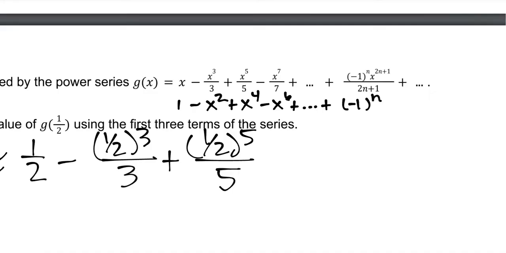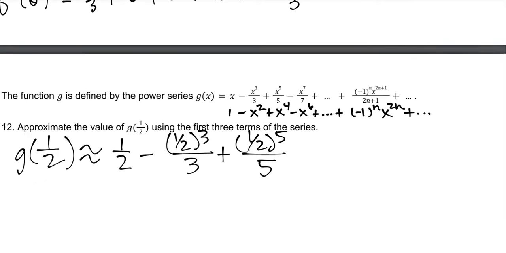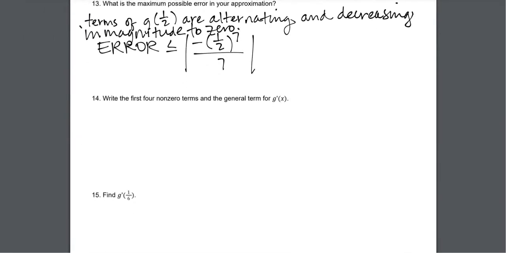But when I bring down that 2n plus 1 for the power rule, it cancels off with the 2n plus 1 in the denominator, just like I saw in all the terms. So I subtract 1 from the power, and I've just got x to the 2n. So I'm going to say 1 minus x squared plus x to the 4 minus x to the 6 plus, -1 to the n, x to the 2n, and beyond.